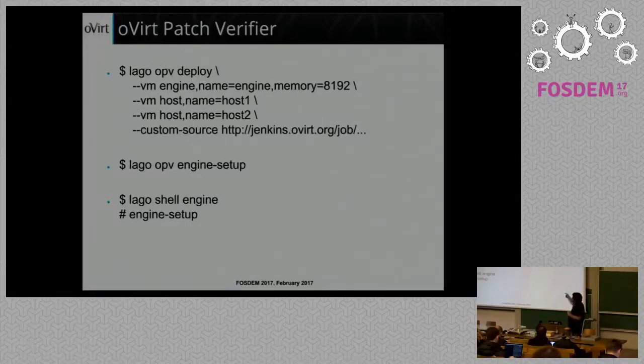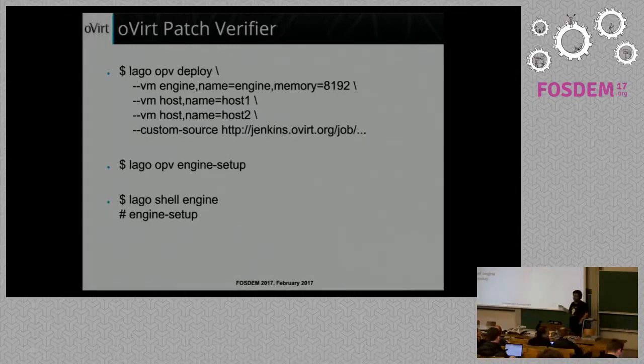After that, I will have to run the command to deploy the engine itself. This command will run the engine setup command, the script that my team maintains that will actually deploy the engine, install the RPMs, and make sure that everything is running.